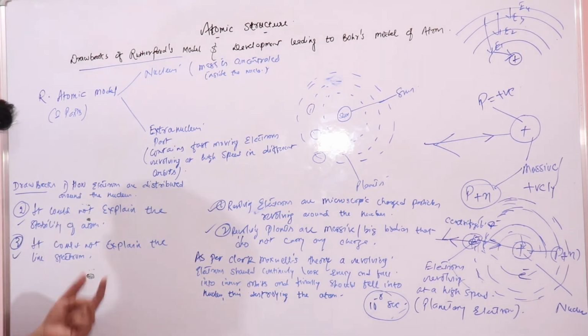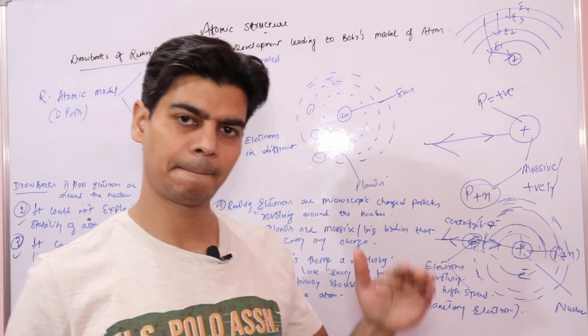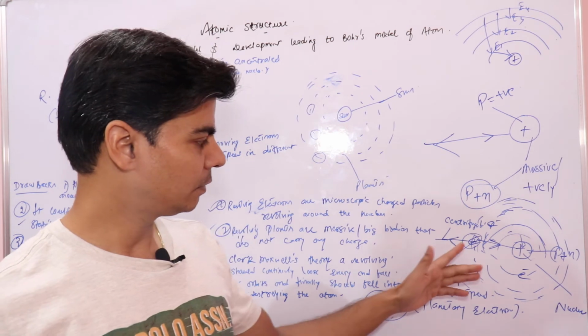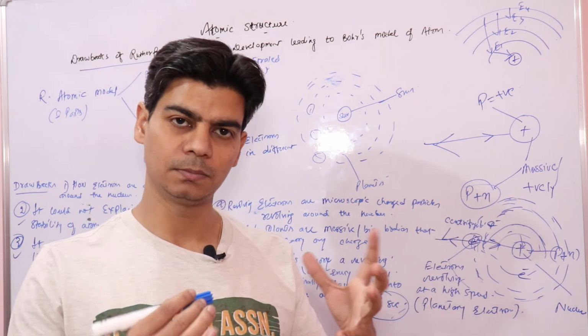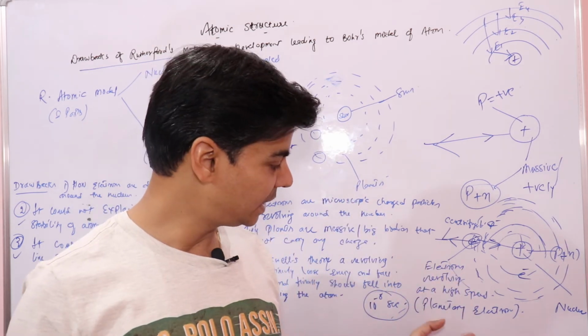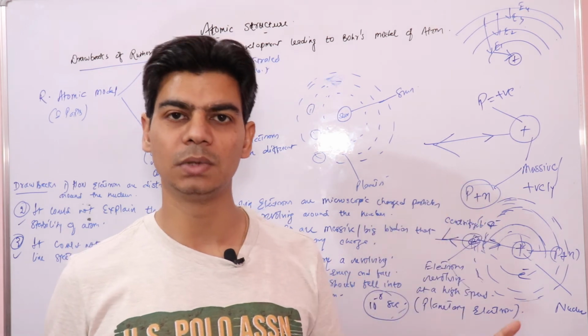The line spectrum was explained when Bohr's model came, when he explained how electrons are distributed in various orbits around the nucleus.